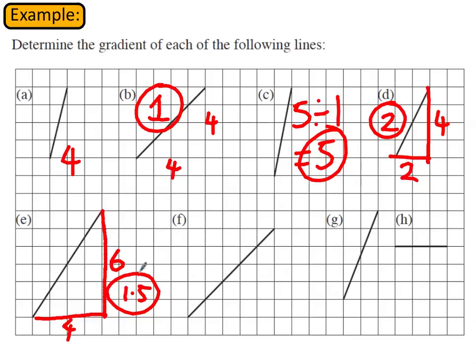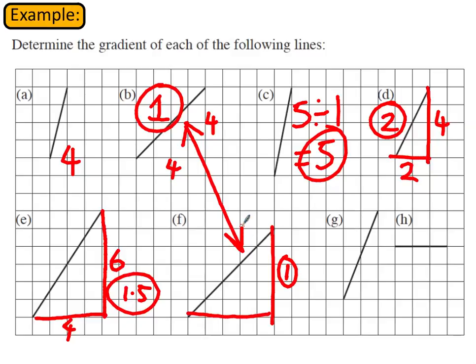In F, the change in y between the 2 points is 5, and the change in x between the 2 points is also 5. So 5 divided by 5 is 1. Notice that the line in B and the line in F have the same steepness, and therefore the same gradient of 1.